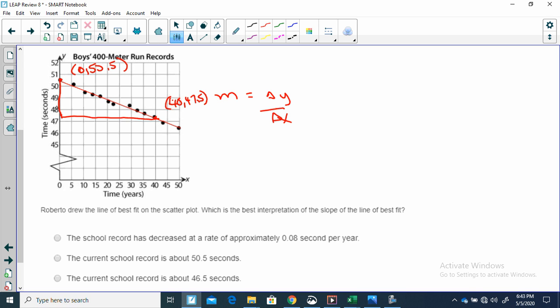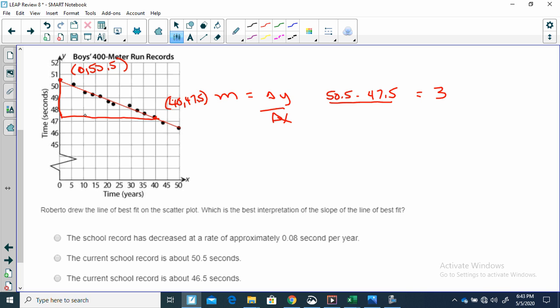We are going down how much on our y-axis? Our change in y is 50.5, here's our y, minus 47.5. 50.5 minus 47.5 gives me 3.